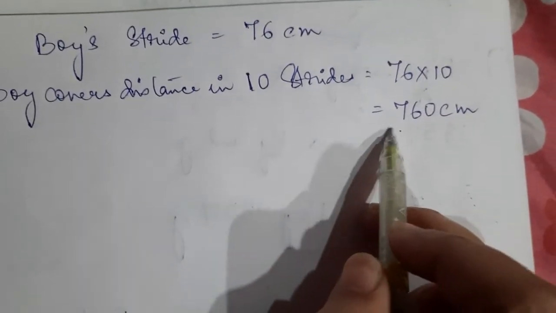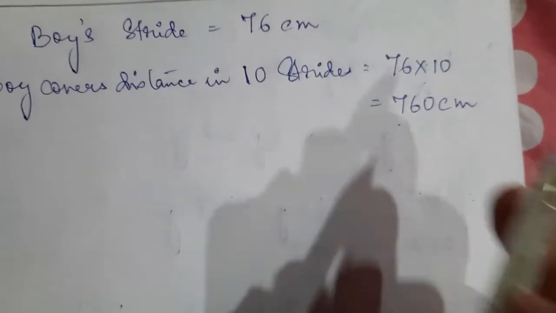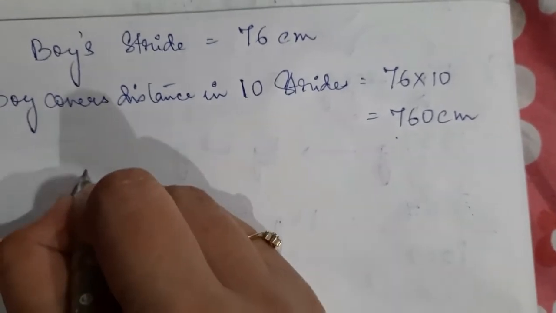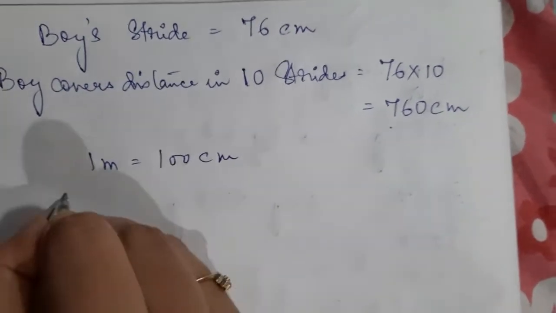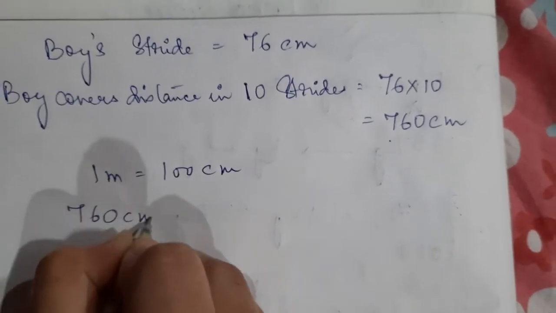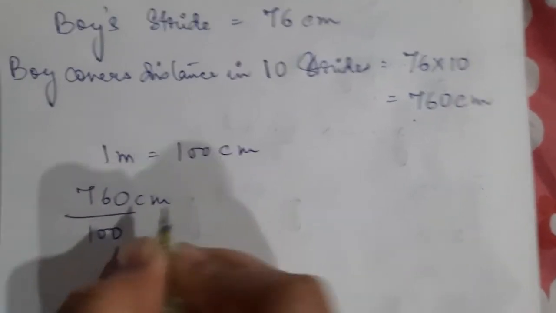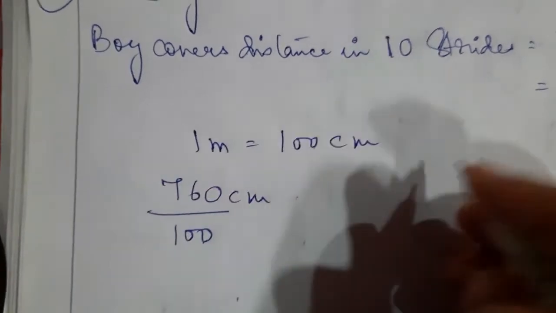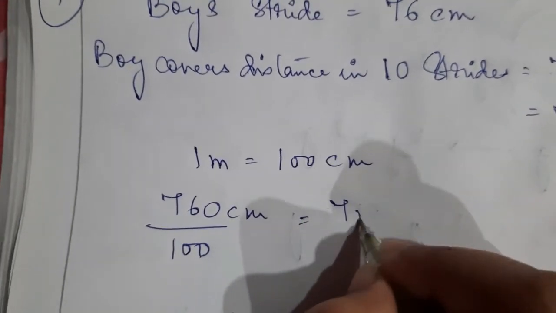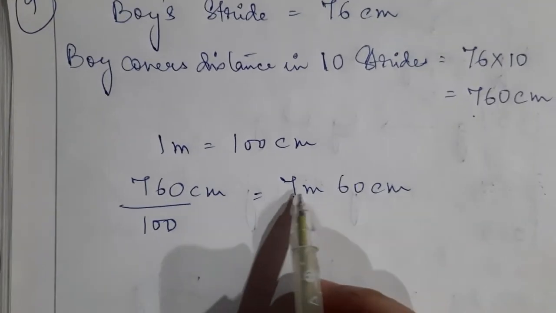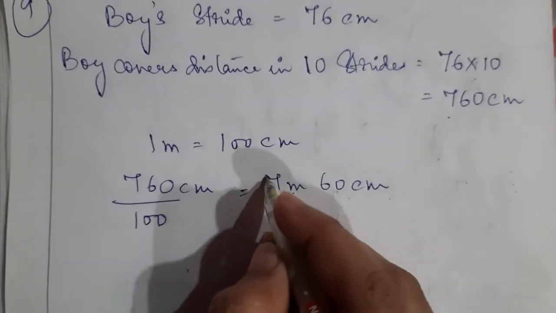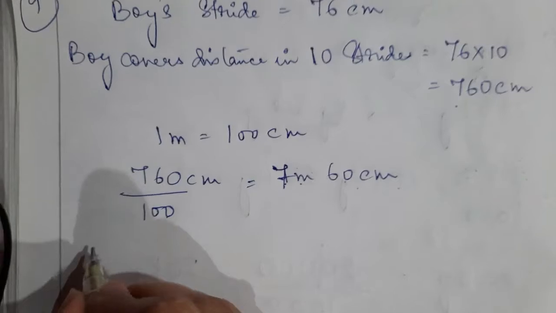Now, if we have to convert it into meters, what are we going to do? 1 meter is equal to 100 centimeter. 760 centimeter divided by 100. 2 zeros means 7 meter 60 centimeter. 7 meter 60 centimeter the boy will cover in 10 strides.